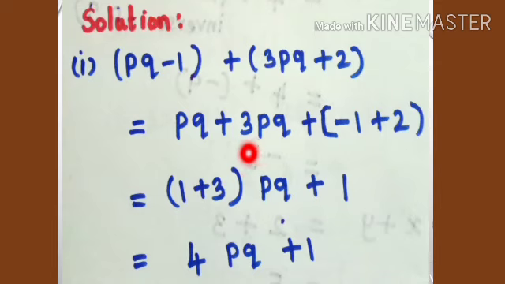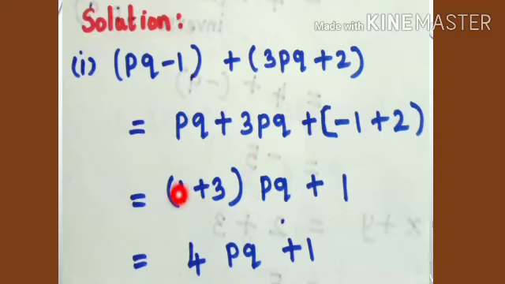We know that adding two algebraic terms, we have to add the coefficients alone. That is, the coefficient of the first term pq is 1 and the coefficient of the second term, 3pq, is 3. So to add the algebraic terms, we have to add the coefficients alone.